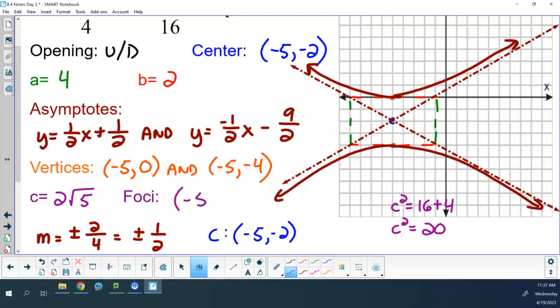So that's going to be (-5, -2 plus or minus 2 square roots of 5). 2 square roots of 5 is about 4.5. So 2, 4.5, 2, 4.5.